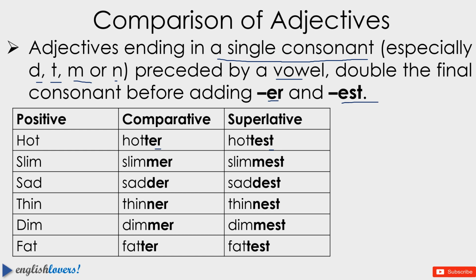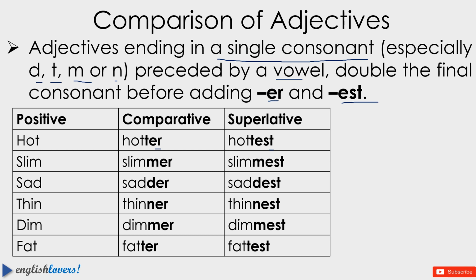All these adjectives, hot, slim, sad, thin, dim and fat, end with a consonant, that is t, m, d, n, m, t, and before that consonant there is a vowel, that is o, i, a, i, a. So what's the rule? The rule is that you double the last consonant and then add er and est.